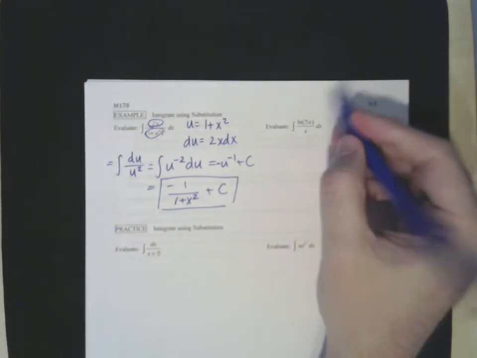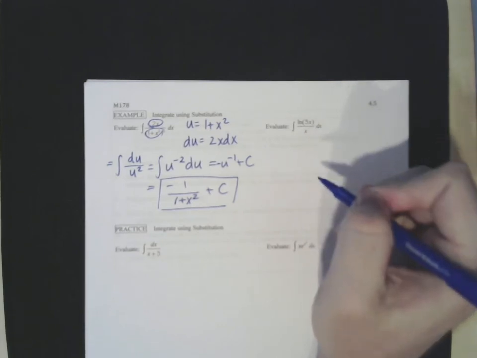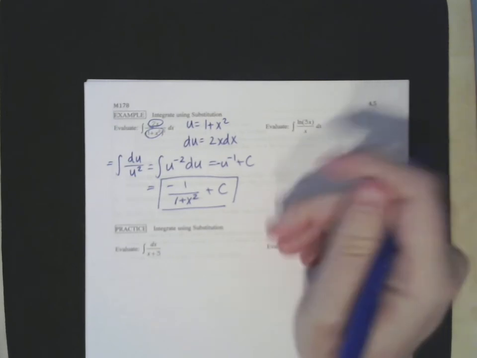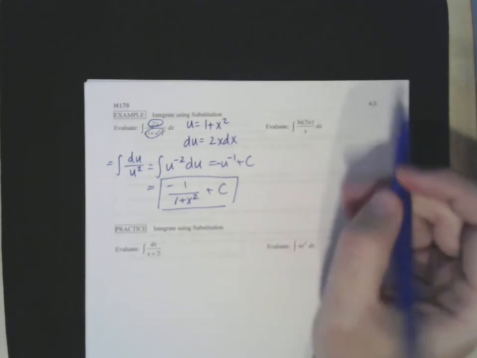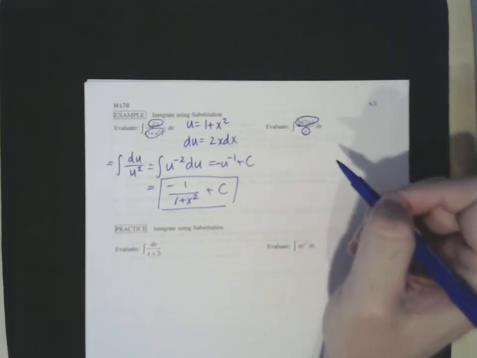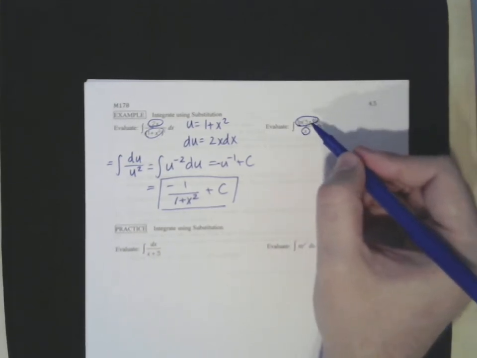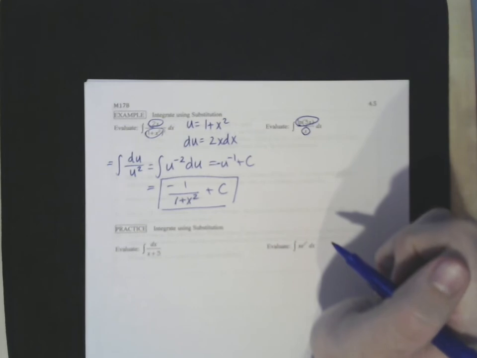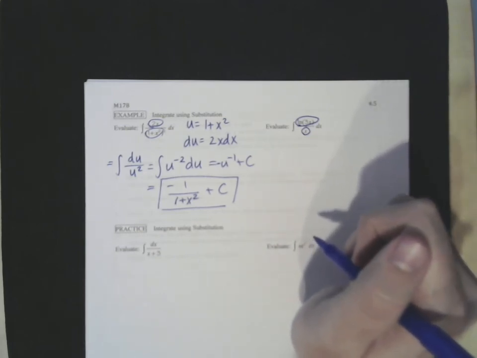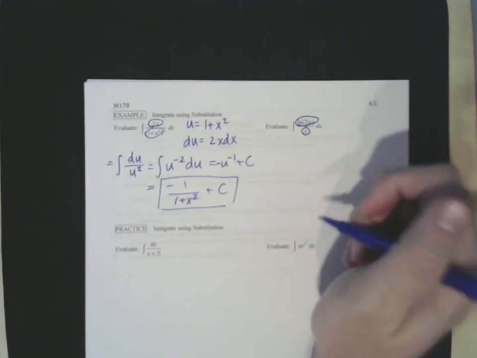Okay, moving on to the next one. This one's a little bit trickier. We have ln 3x and we have x. So those are the functions. What you have to ask yourself is, which of these is the derivative of the other? Well, you'll never get to ln 3x by taking derivatives.